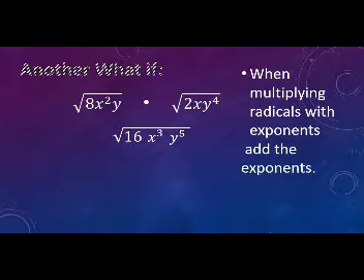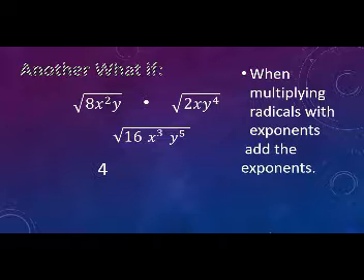It is a rule that you only perform operations with like terms. Then, let's simplify it. The square root of 16 is equal to 4. Then, let us find the factors of x cubed and y to the fifth power. Because we are adding exponents, we need to find factors with exponents that when added will result in the same exponent that we are finding factors for, and must be higher.